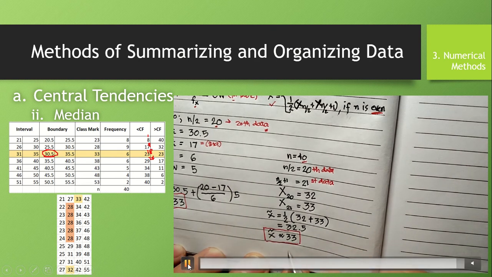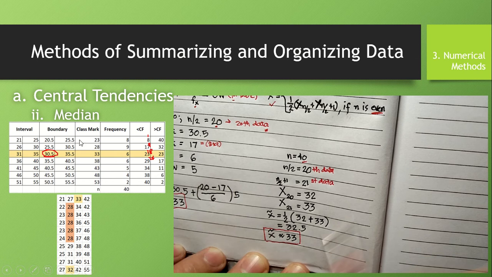Now you have to take note that these are just approximations. Because in our data we don't have values that have decimal points, we'll be getting the nearest value based on the real value. So since we have 32.5, therefore our median is 33 when 32.5 is rounded.